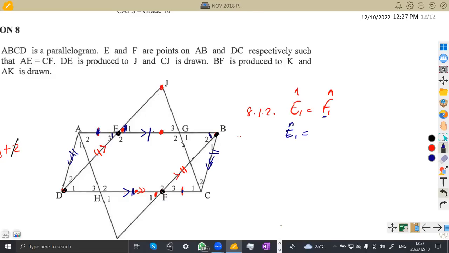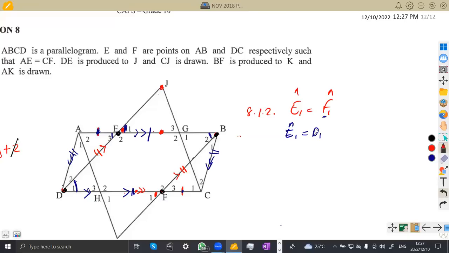Also, E1 is the same as the angle D1 here from the corresponding angles because these two lines are parallel. All right. So here it is going to be difficult to work from B2. Do we have anything that has to do with B2? We can take it at B2 or at D1. So E1 is equivalent to D1.